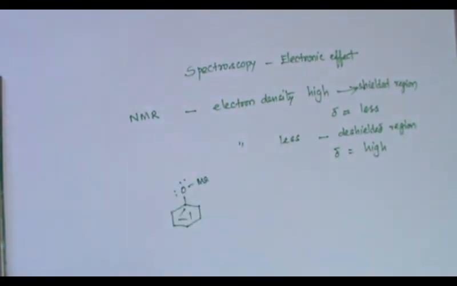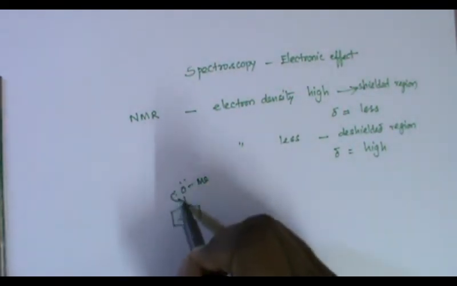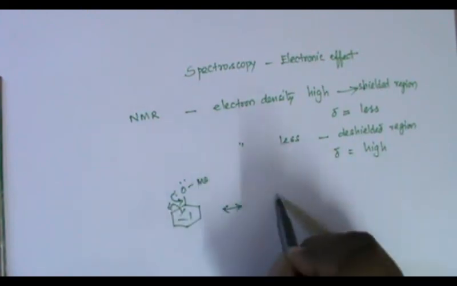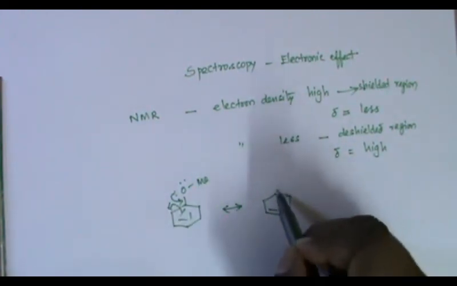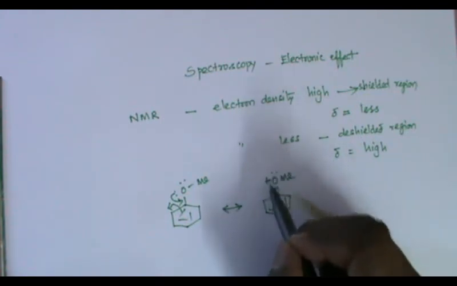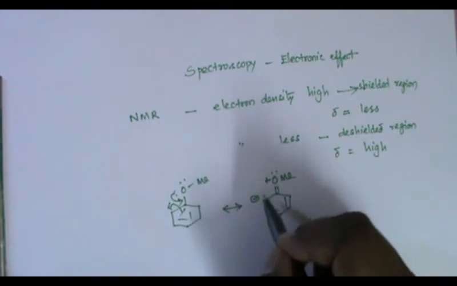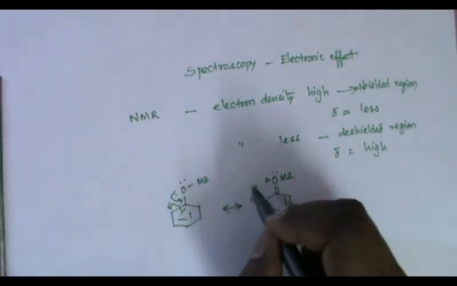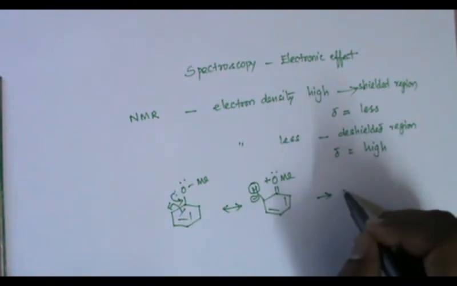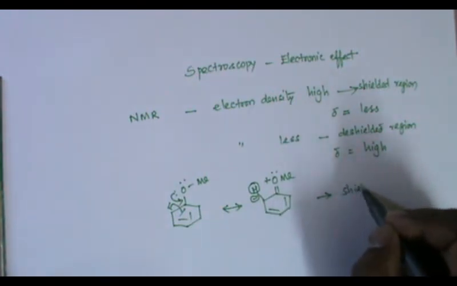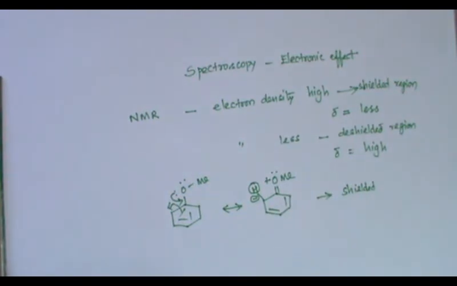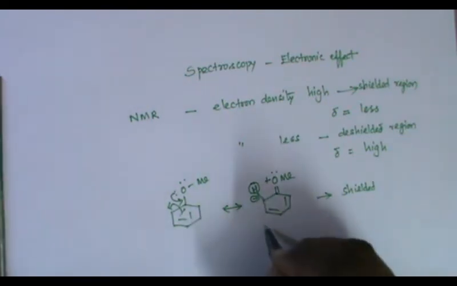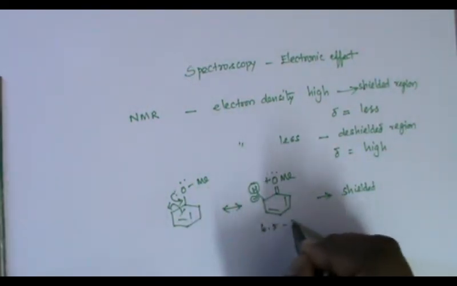this compound, anisole. Because of the resonance effect, what we get is minus. So this proton is expected to be in the shielded region or upfield region. Generally the aromatic protons appear between 7.2 to 7.8, but this particular proton will appear around 6.5 to 7.